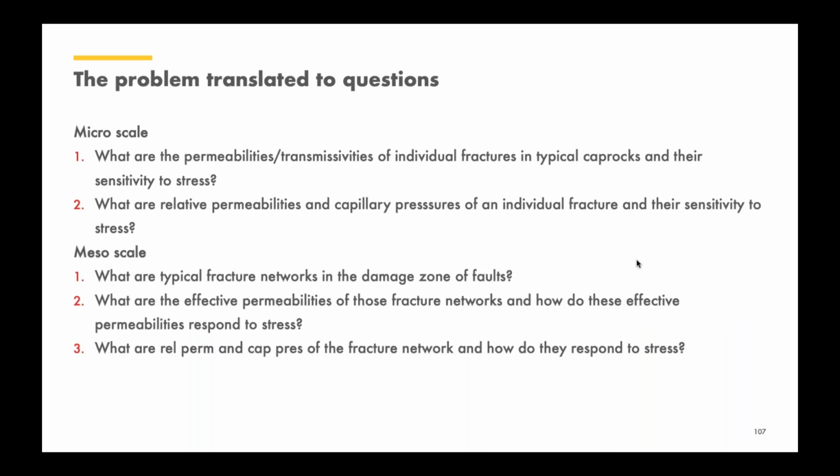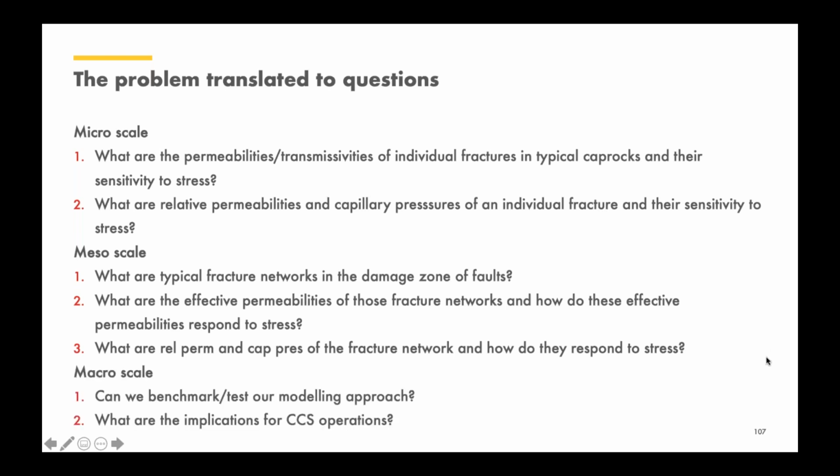So if we translate the problem to questions at the micro scale, we are interested in what are the permeabilities or transmissivities of individual fractures in typical cap rocks and their sensitivity to stress.